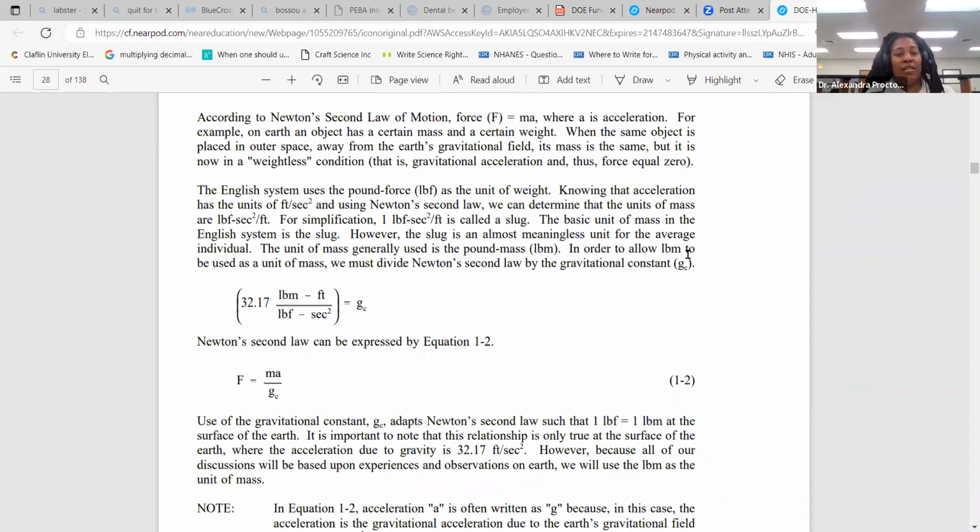Pounds force second squared per foot, okay? And so for simplification, 1 pound force second squared per foot is called a slug. So all of that is called what? A slug. So the basic unit of mass in the English system is the slug.